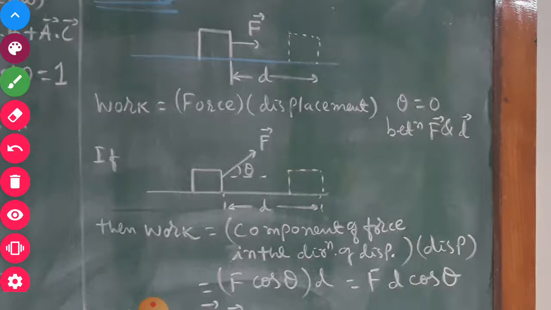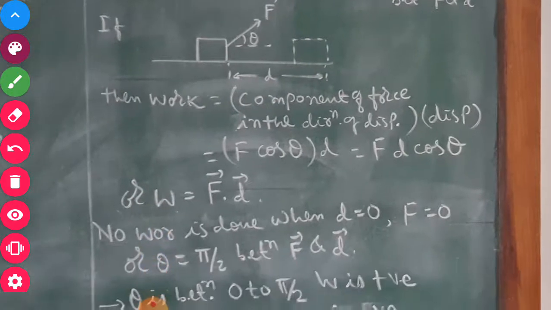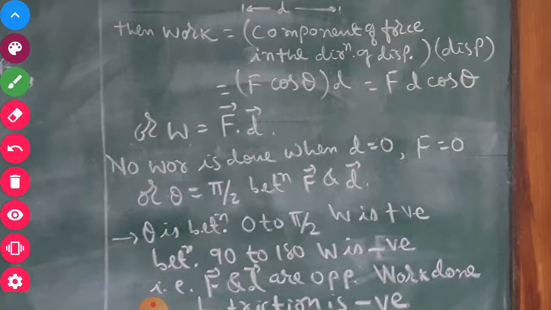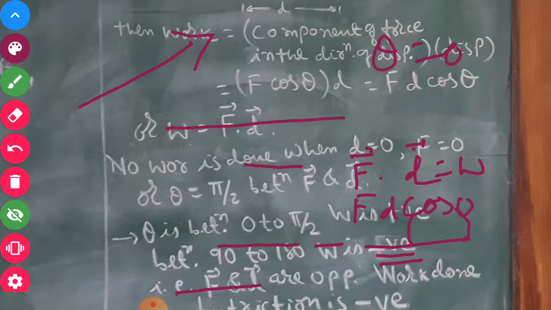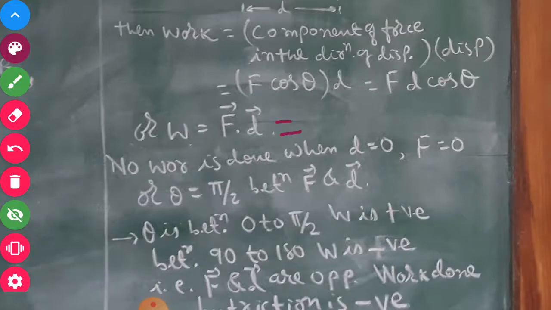Okay, that was easy to understand, and you did not have the idea of cos theta and component. That is why it was discussed in a very simple way. So F dot d, that is the dot product, is nothing but the work done, or we can say F d cos theta. If theta is 0, then force and displacement are in the same direction, and it becomes F d cos 0, that is F into d only.